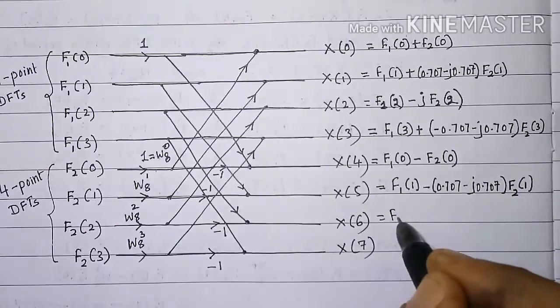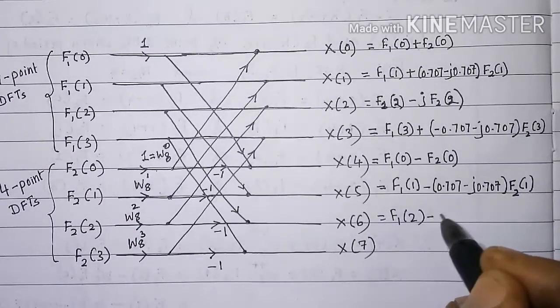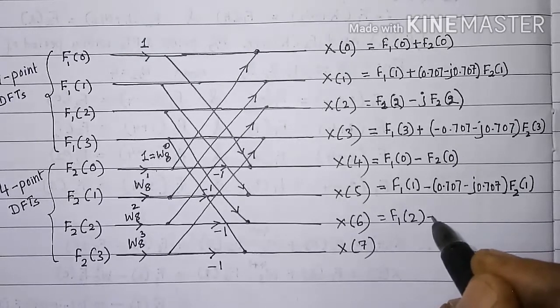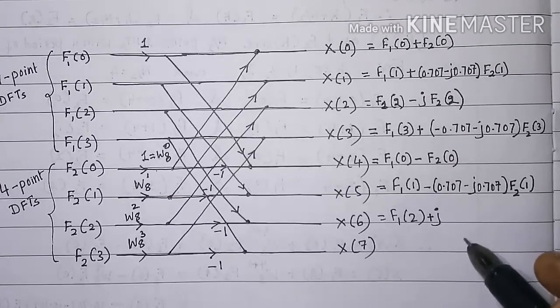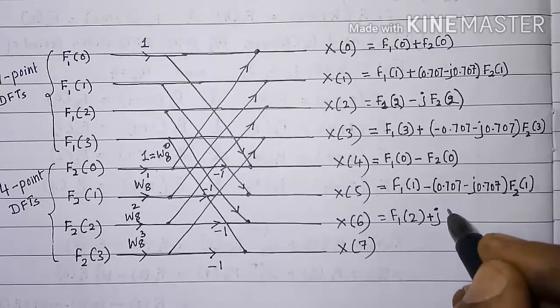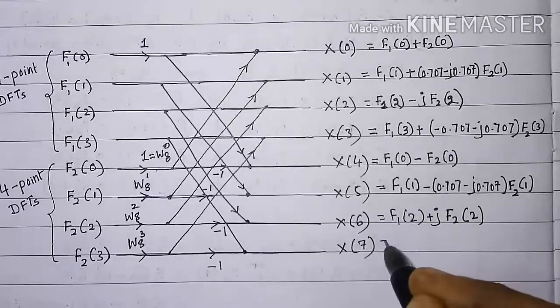X of 6 equal to f1 of 2 minus of minus j, that will become plus j f2 of 2.